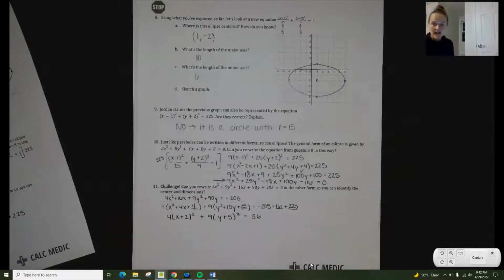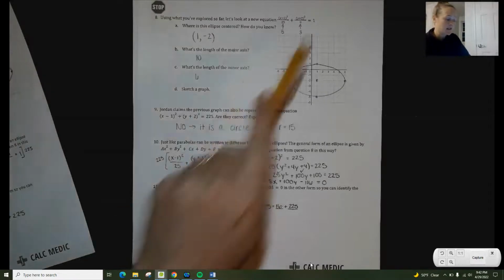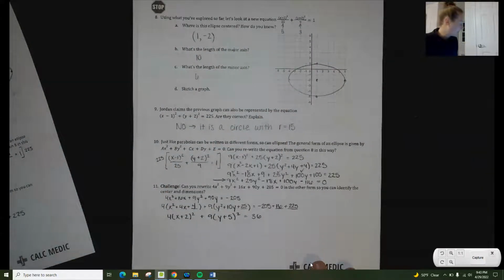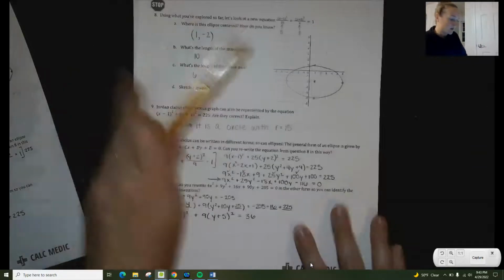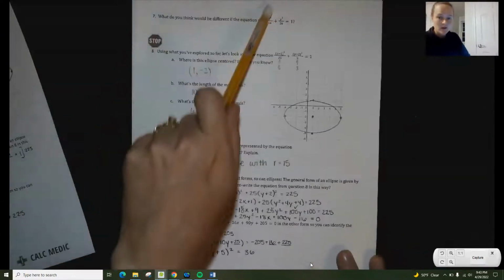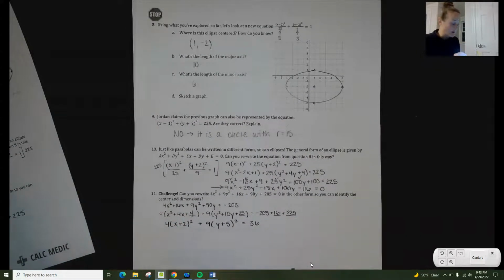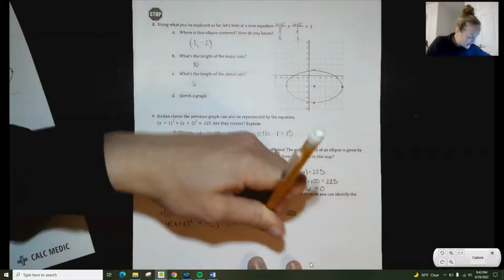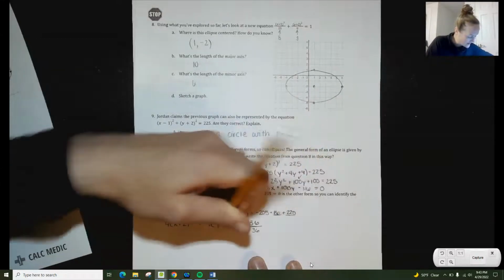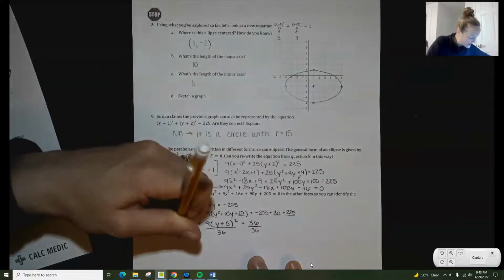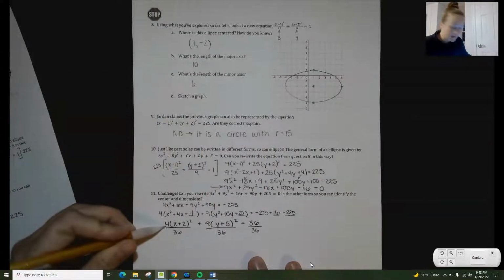Now, at the very end, all of your ellipses end up being equal to 1. Notice equal to 1. On your last page, up here, you had equal to 1. So the general form of an ellipse, which you'll get through the notes, is equal to 1. So your last step here is going to be divide by 36 on both sides, which ends up canceling out with that leading coefficient.